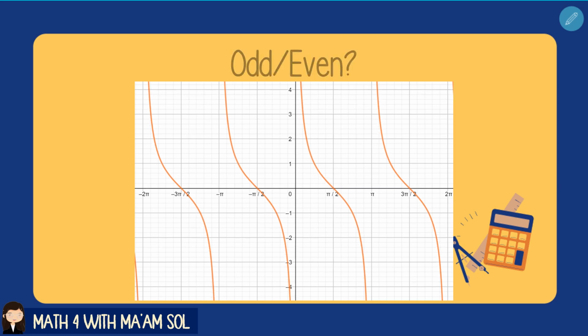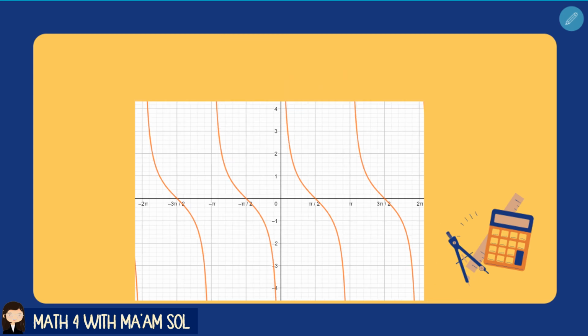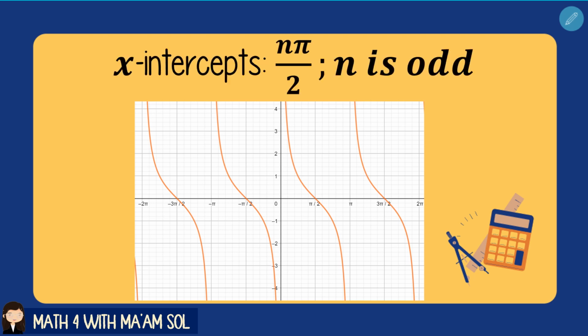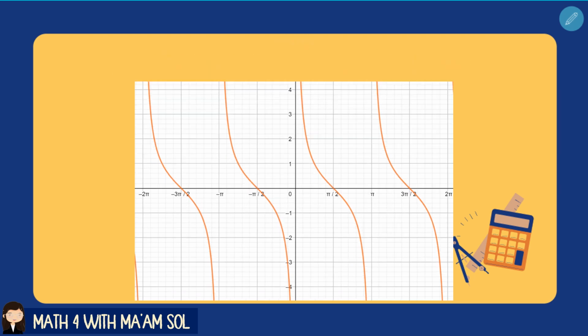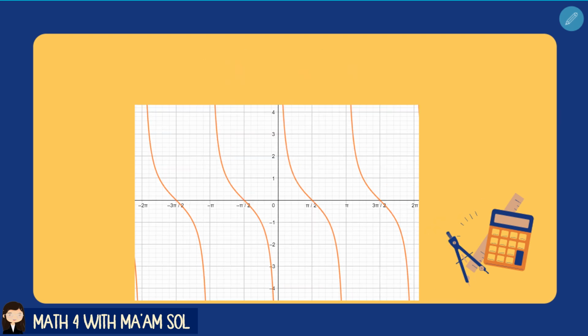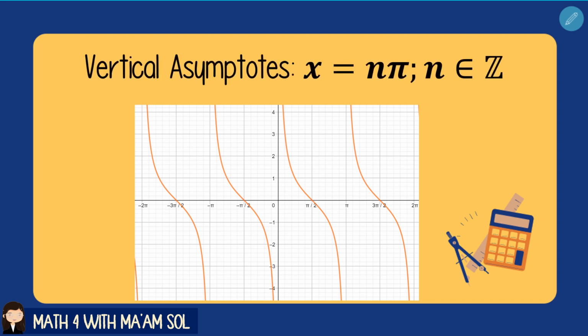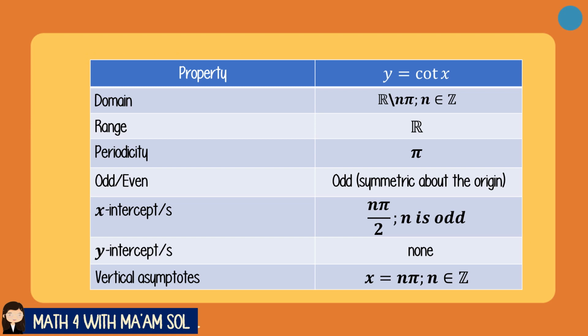It is also an odd function, which makes it symmetric about the origin. Moreover, the graph crosses the x-axis at odd multiples of pi over 2. However, it has no y-intercepts. The cotangent function is asymptotic to the lines in the form x equals n pi, where n is any integer. Now we present the summary of the properties of the graph of the cotangent function.